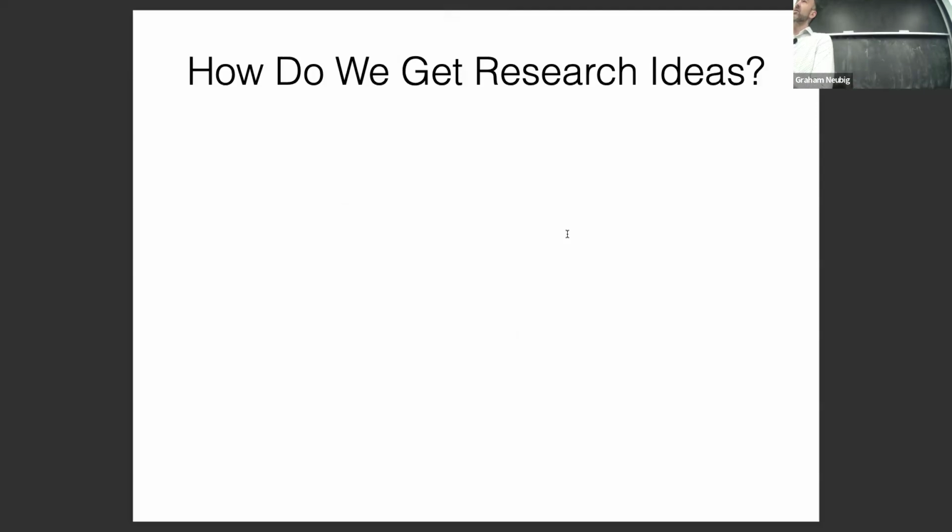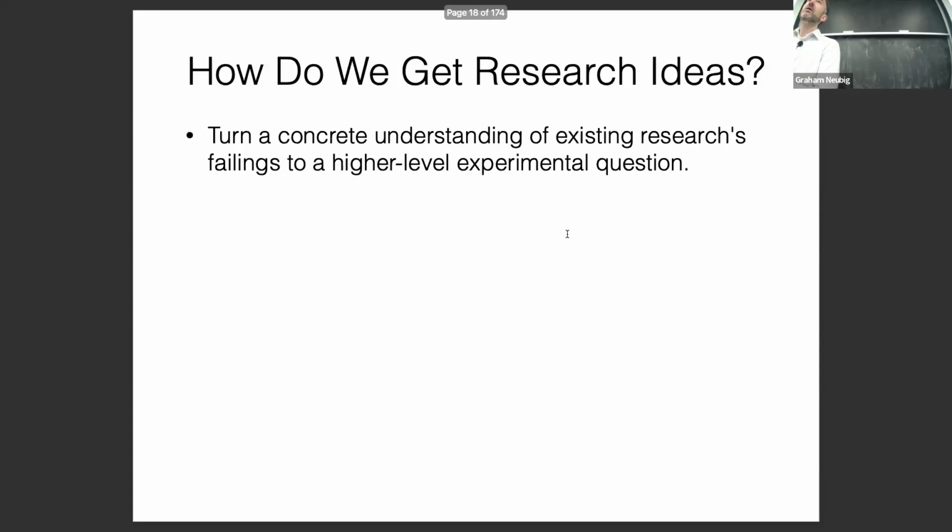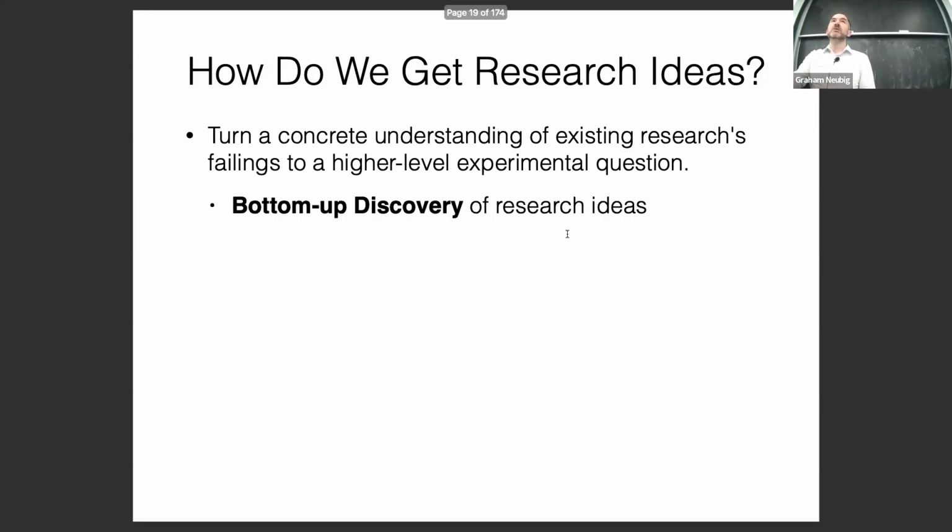So the next question, which I think a lot of people might be asking, particularly with respect to assignment 4, which requires you to come up with something novel to do, is how do we get research ideas? And the way we can do this is twofold. One is, we want to turn a concrete understanding of existing research's failings into a higher level experimental question.